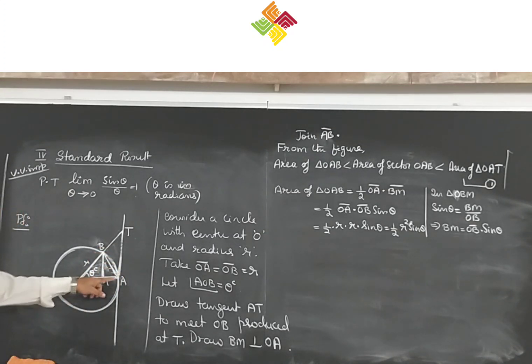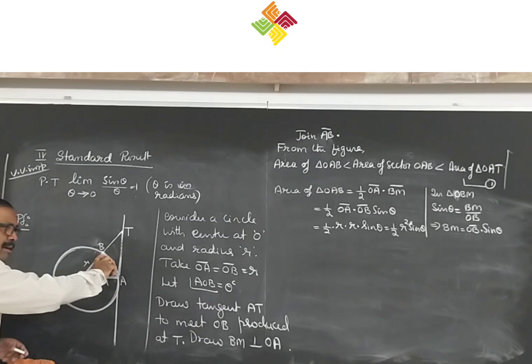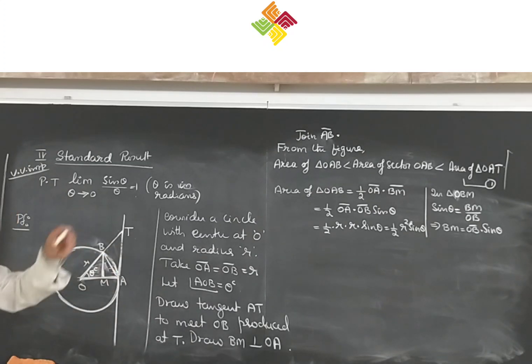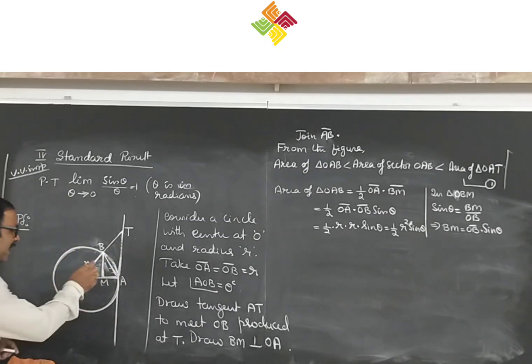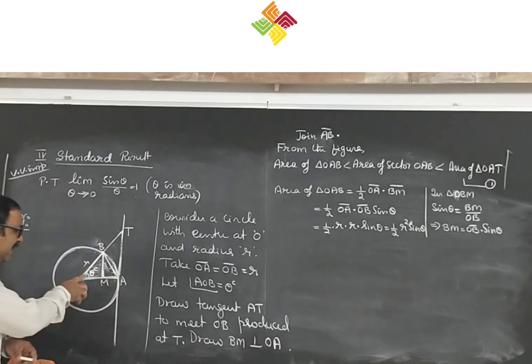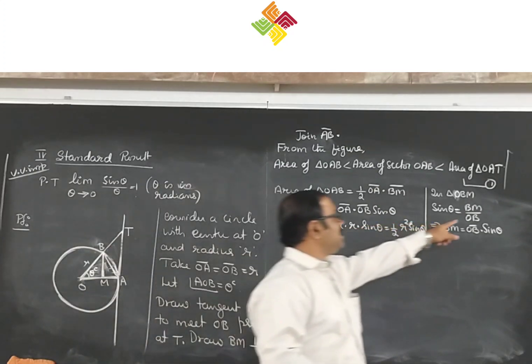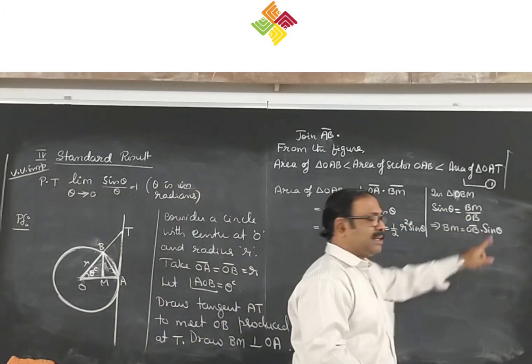Area of triangle OAB is half into base, OA, into height BM. Now I want to find BM. For that you take triangle OBM. Sin theta is BM by OB. So BM is equal to OB sin theta.